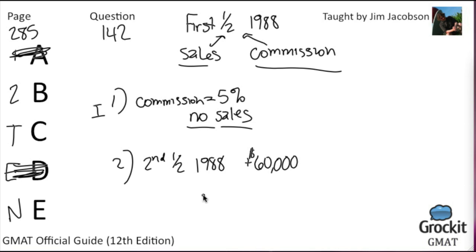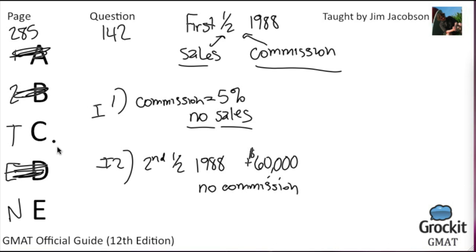But this doesn't give us the commission rate. And more importantly, it also doesn't give us the sales for the first half of 1988. It does give us that it's $60,000 less total, but we still don't get the information that we need. So it's insufficient.